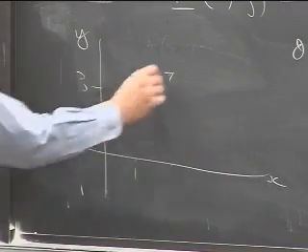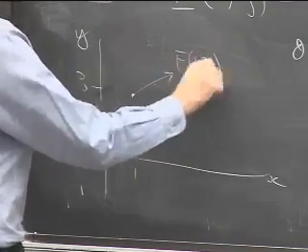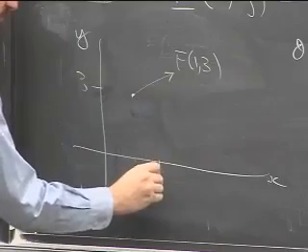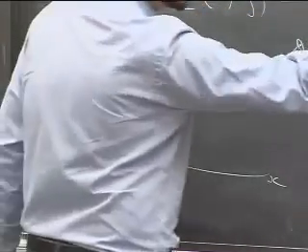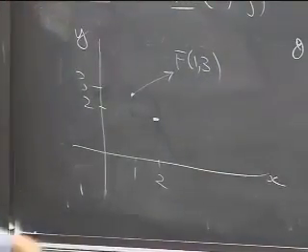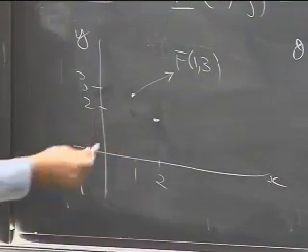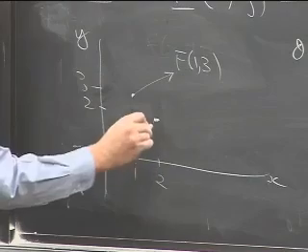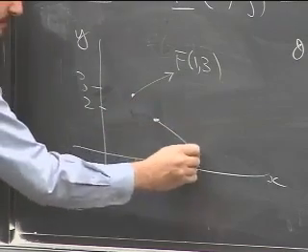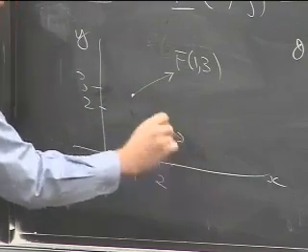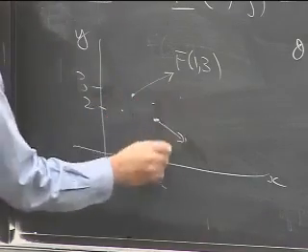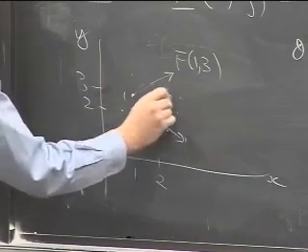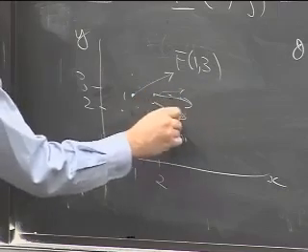Suppose this is f of 1 comma 3. Now let's try a different point, 2 comma 2. Plug that in and you get some multiple of i plus some multiple of j. Again, I'm going to consider it as a vector whose base I'm going to draw on top of the point. So that might be like this. So for every point, no matter where it is, every point has a little vector attached to it.